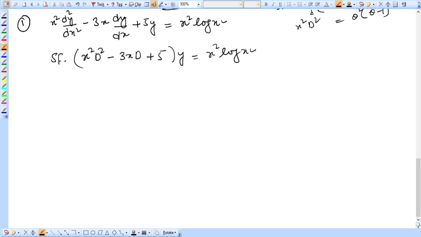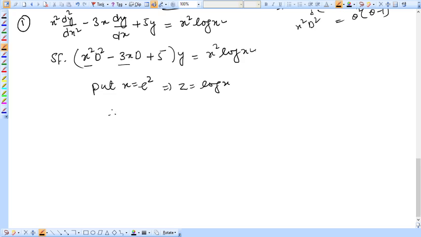Okay, so what we are going to do here is change this equation with variable coefficients into an equation with constant coefficients. In order to do that, we will have to apply a substitution. Put x equal to e raised to z, which implies z is equal to log of x.